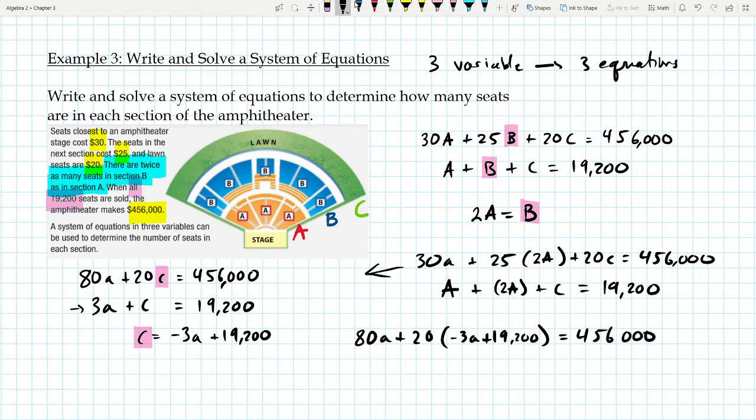And now let's do some distribution here. 80A, well, 20 times negative 3 is negative 60A. 20 times 19,200, ooh, that's a big number. 19,200 times 20 is plus 384,000 equals 456,000.